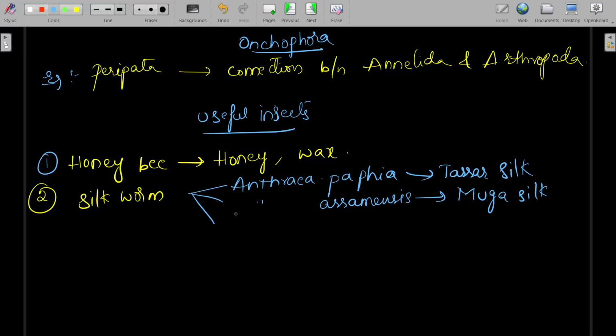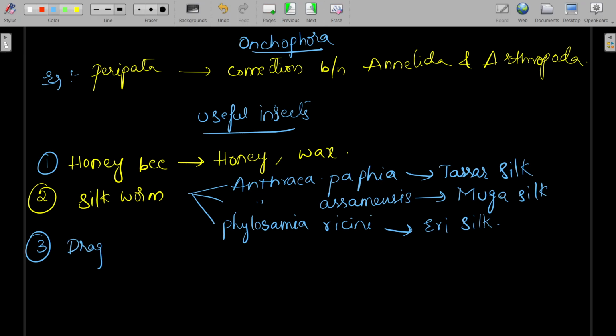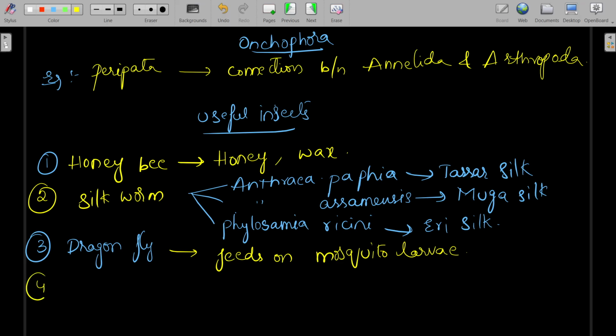And then Philosamia ricini. This provides eri silk. Coming to the third insect, dragonfly. It feeds on mosquito larvae. So it is beneficial for us, so that no malaria could spread.